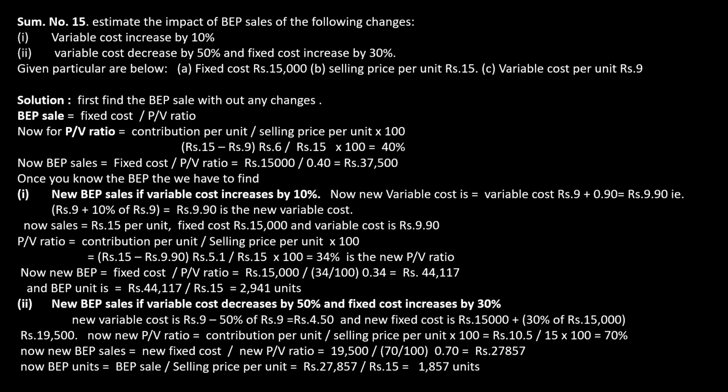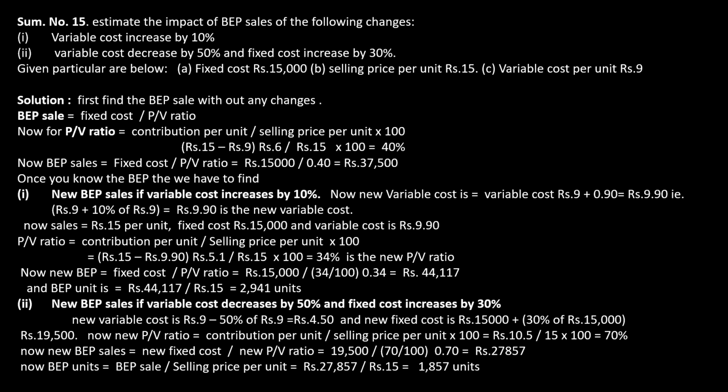My contribution will be selling price per unit minus variable cost per unit. That is 15 rupees minus 9 rupees, which gives me 6 rupees. That will be my contribution per unit divided by selling price per unit, which is 15 rupees. So 6 rupees divided by 15 rupees into 100 will give me 40%. That will be my PV ratio.